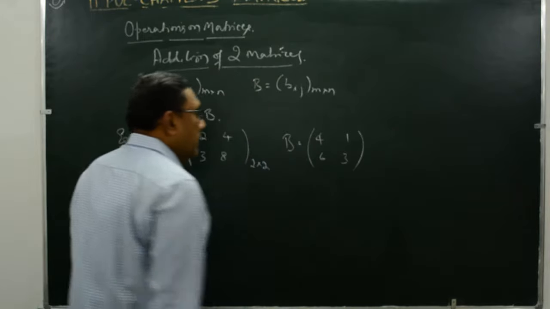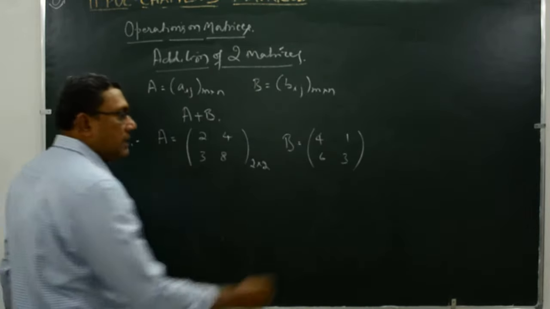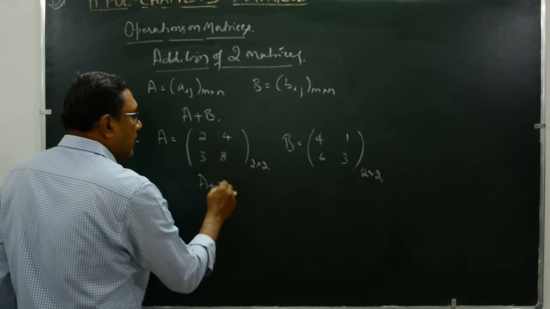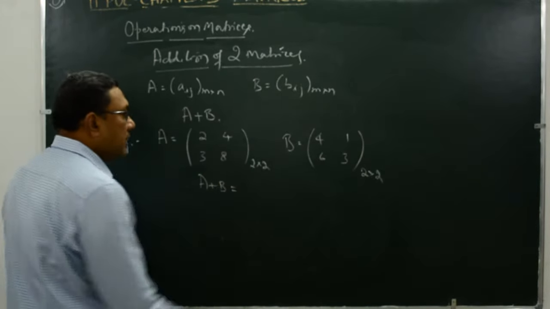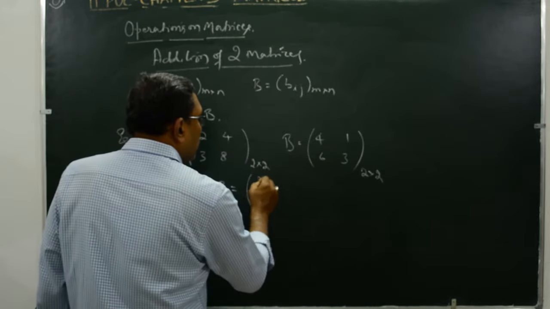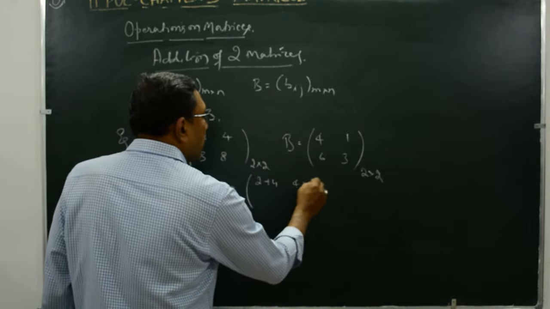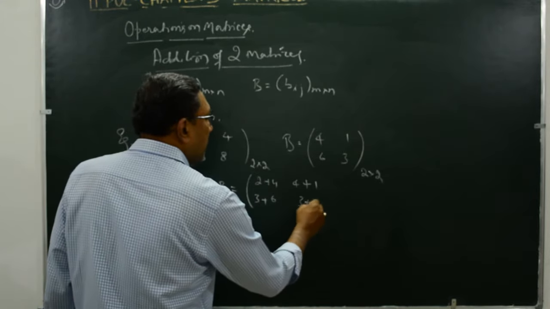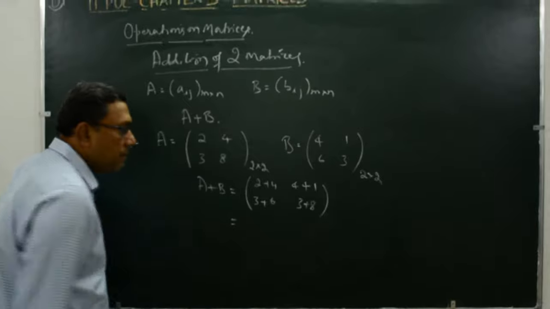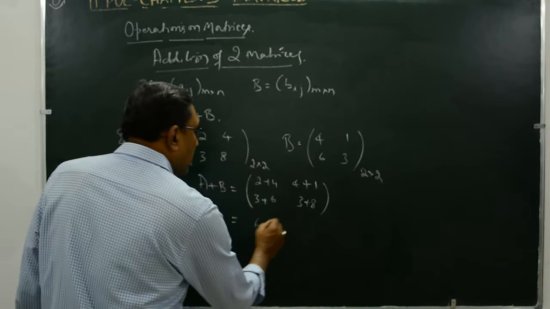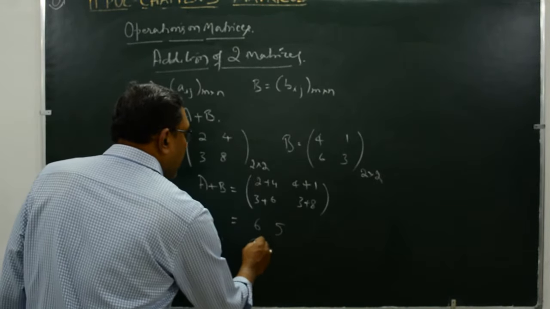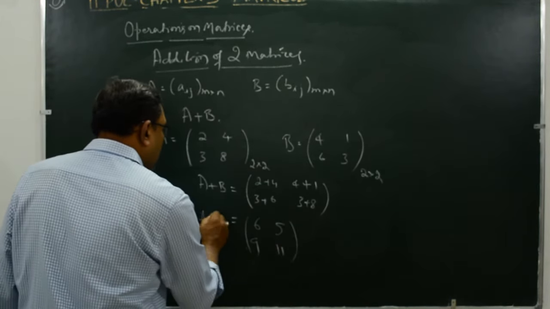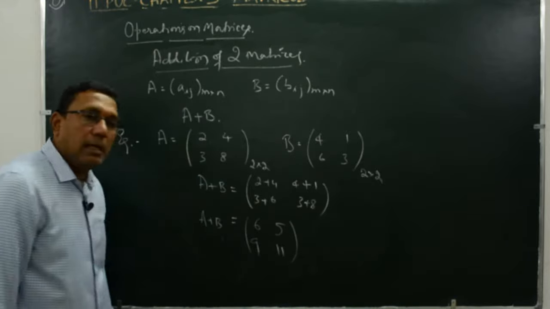Then if we add both the matrices, the resultant matrix will be 2 plus 4, 4 plus 1, 3 plus 6 and 3 plus 8, which will be 6, 5, 9 and 11. This is your resultant matrix A plus B.